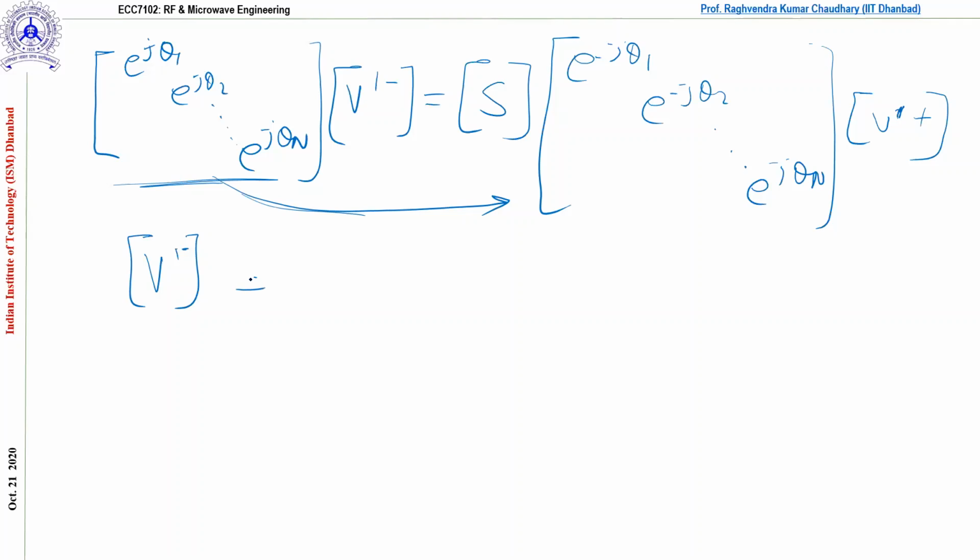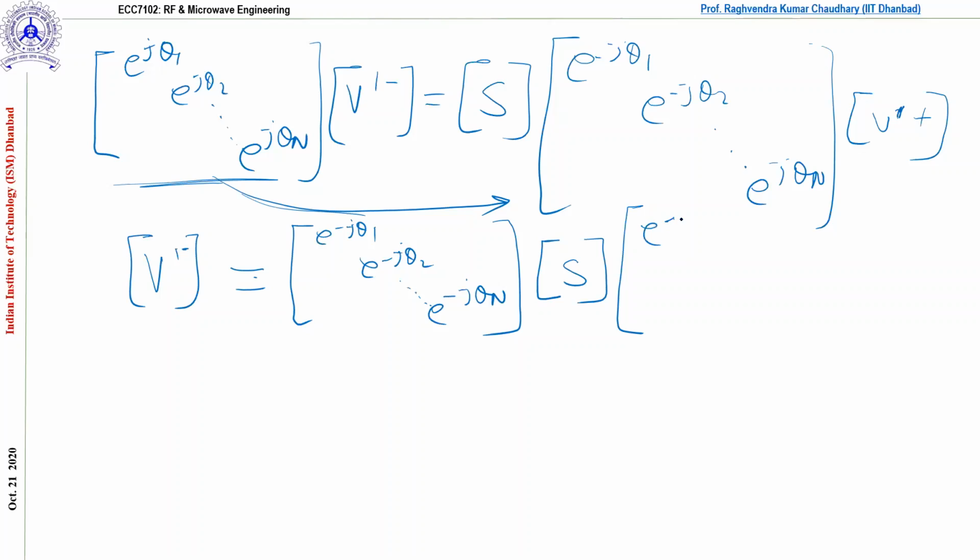So what we can write, e to the power minus j theta 1, e to the power minus j theta 2, and so on, it keeps going up to theta n. Fine. And we have the S matrix. And then we have e to the power minus j theta 1, e to the power minus j theta 2, diagonal, only diagonal elements will be there, up to j theta n. Now let's combine these two.